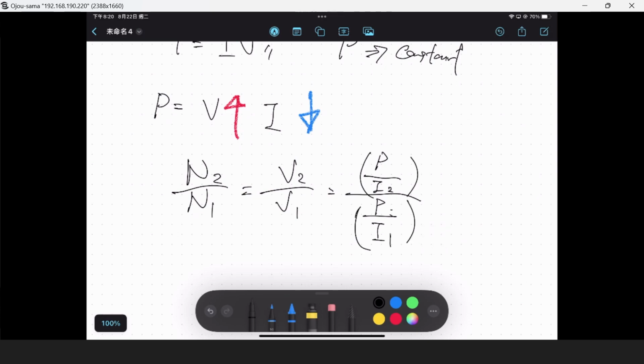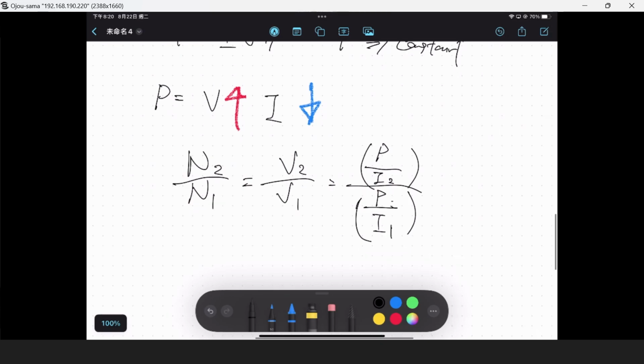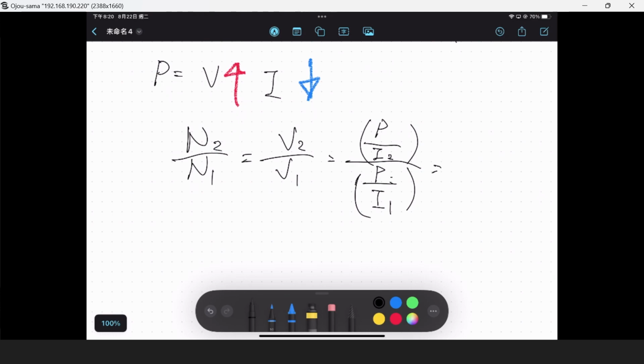As we note, P is the same. In a circuit, the power remains constant, so you can immediately know the P can be cancelled out.